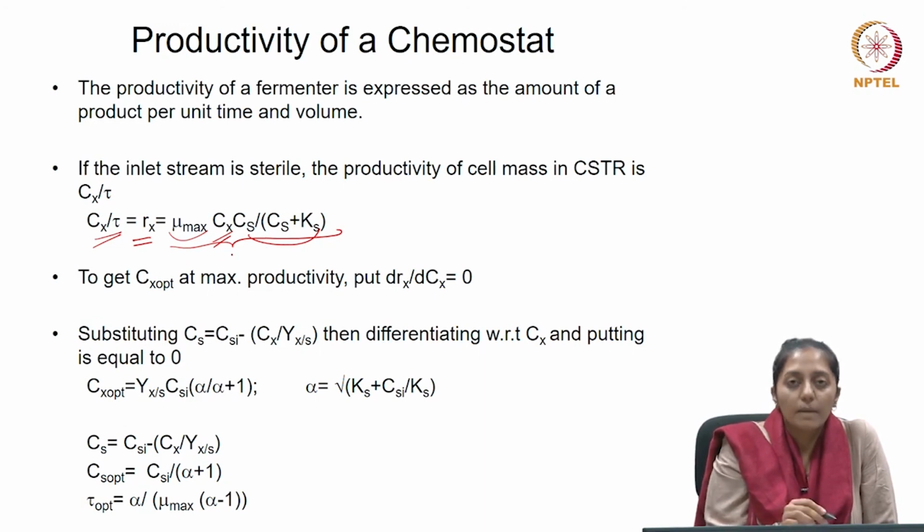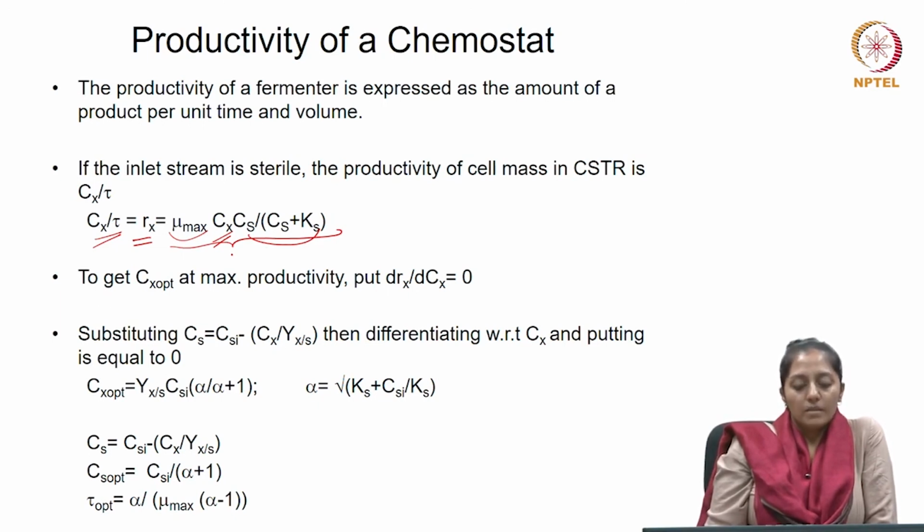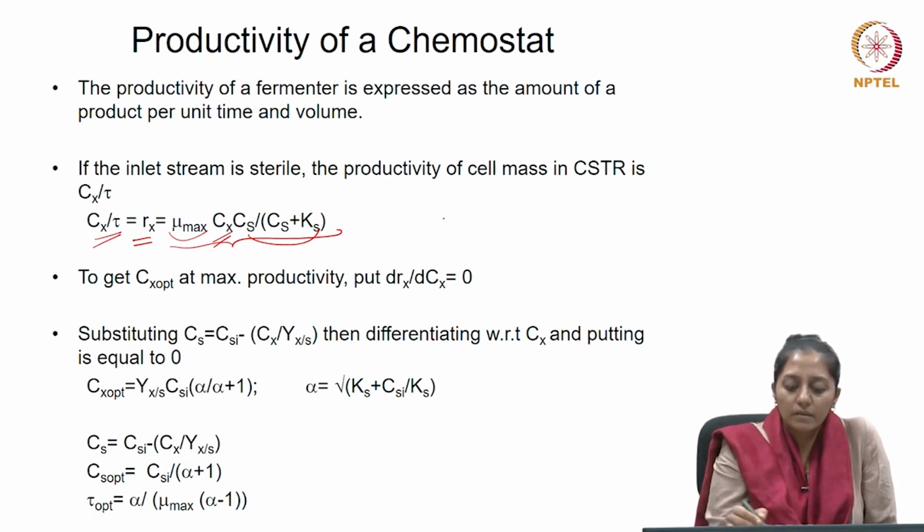Now, suppose we want to find what will be the optimum biomass concentration to achieve maximum productivity. Then again, as we did earlier to find the optimum dilution rate, here Rx was productivity. So, we will set dRx by dCx as 0, if our Rx becomes only a function of the Cx variable.